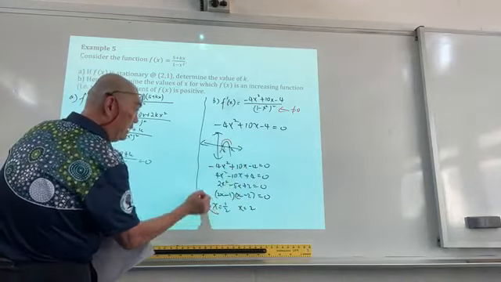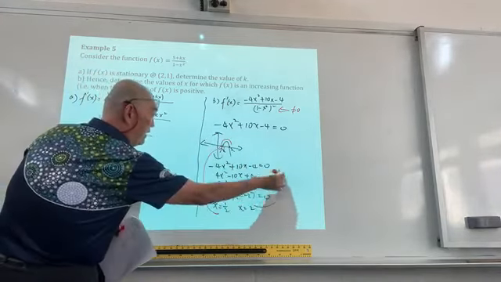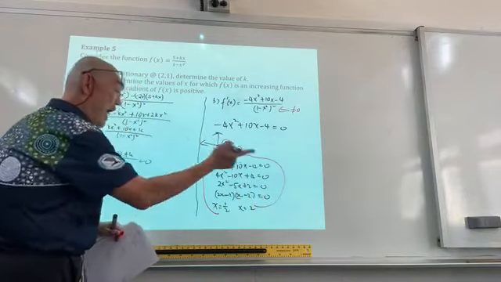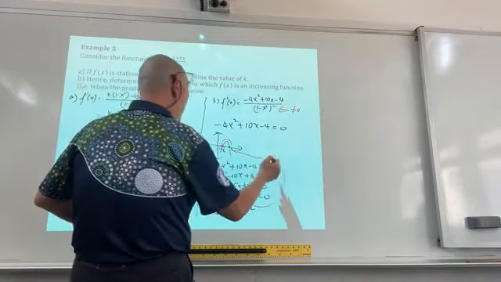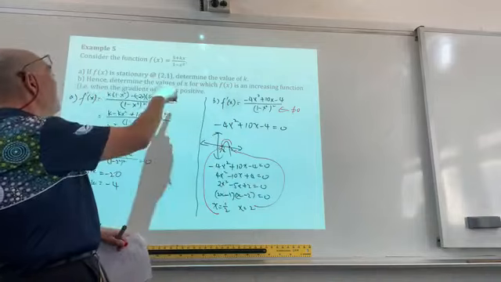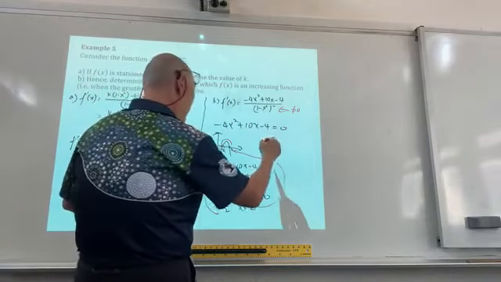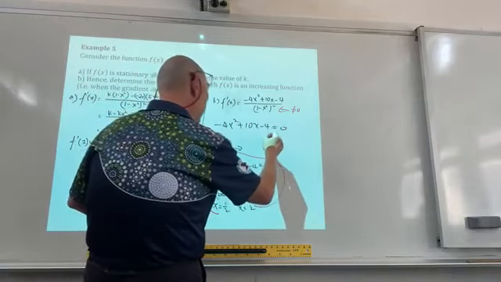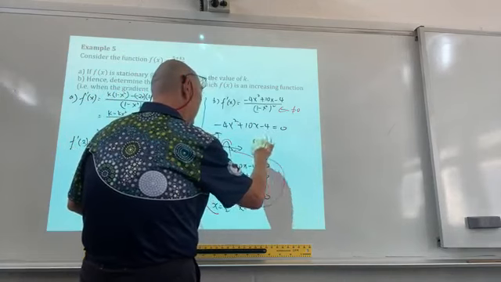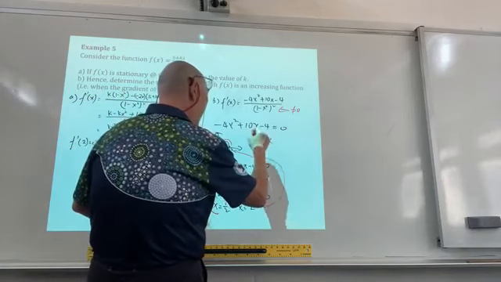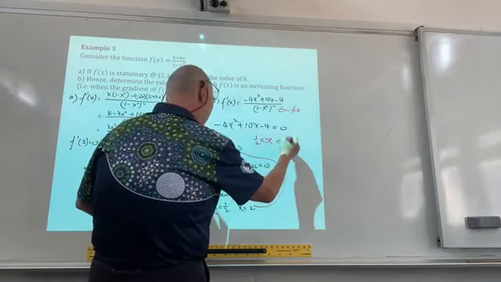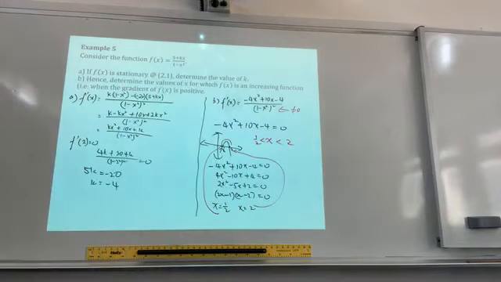So therefore, this function, when the gradient is positive, is between x greater than half and less than 2. This is a tricky one. This is probably a difficult one.